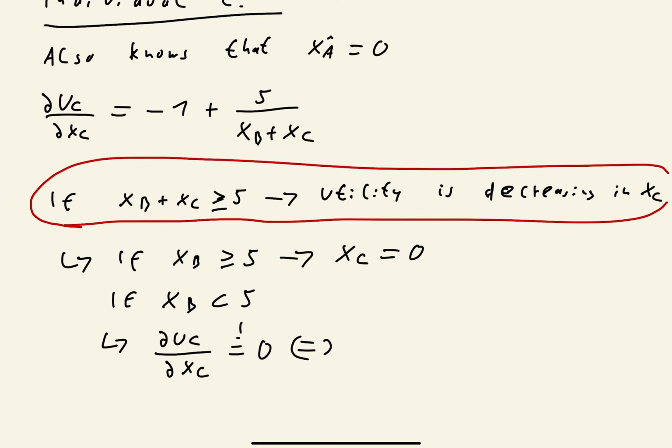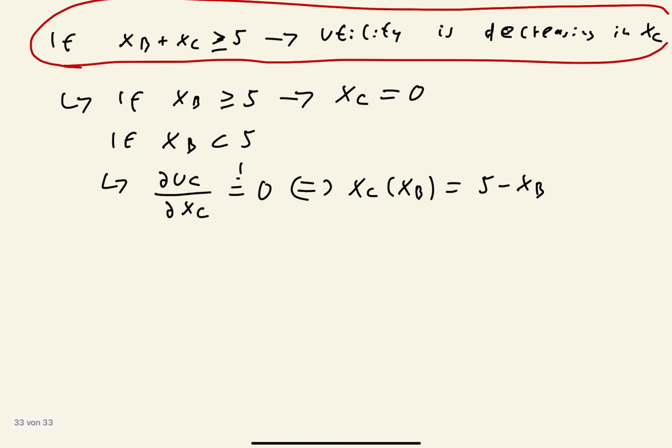Therefore, if you solve this, you end up with XC depending on XB. This is equal to 5 minus XB. So this would be the best response of individual C when XB is strictly smaller than 5.